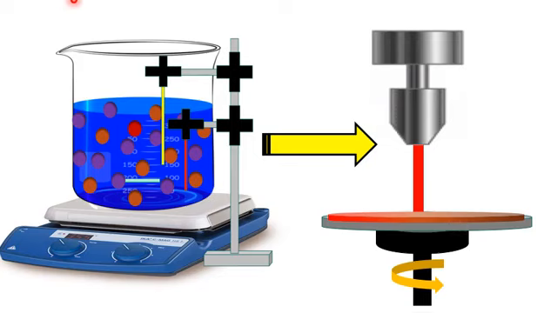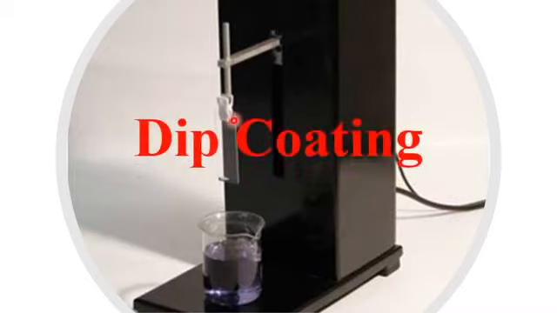Okay. So the other technique used in order to achieve thin films via the sol-gel process is known as dip coating. Dip coating is a quite simple technique.